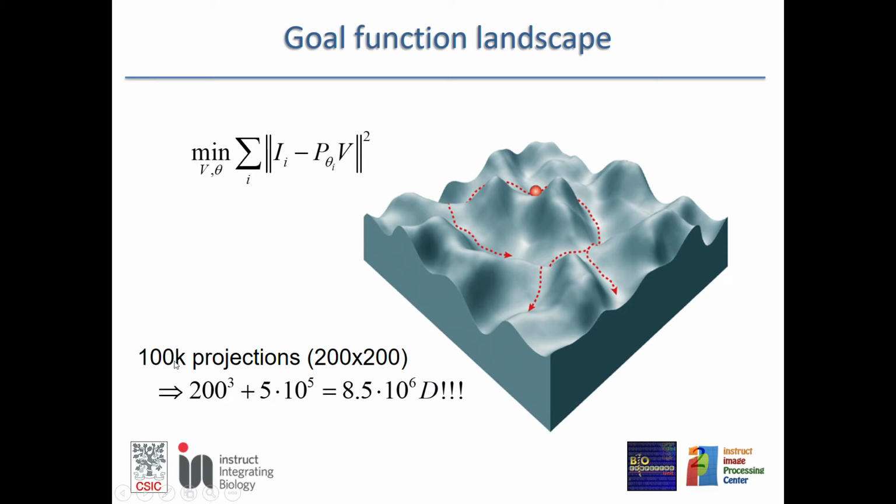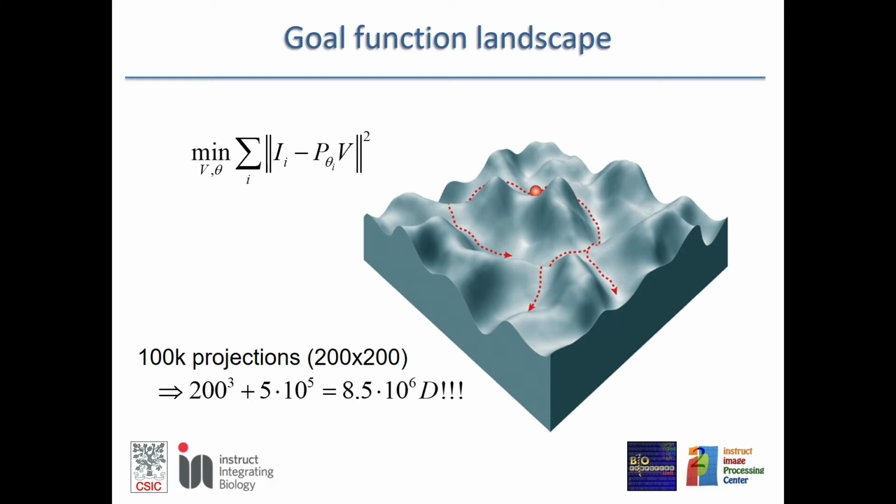So let's say that we have 100,000 projections of this size, 200 cubed, and then the volume is a parameter. So it is what we are trying to reconstruct.